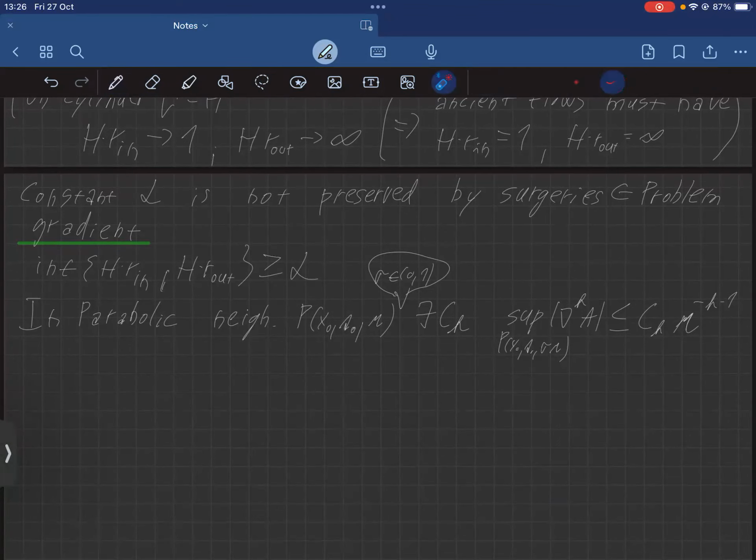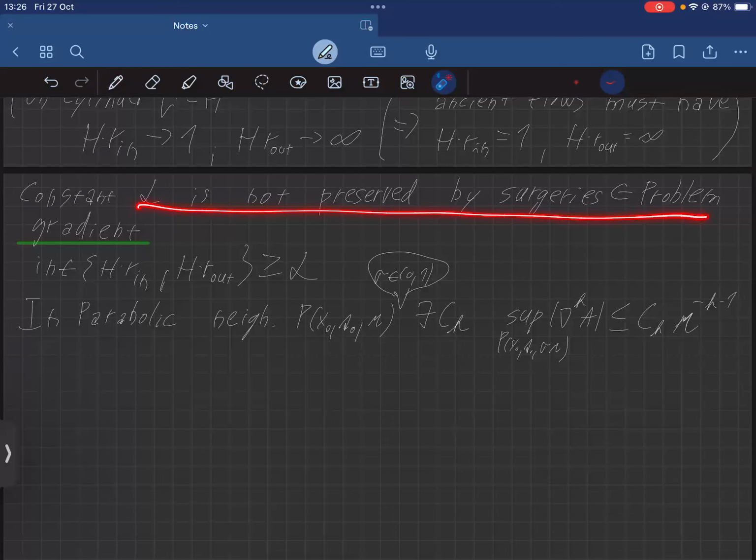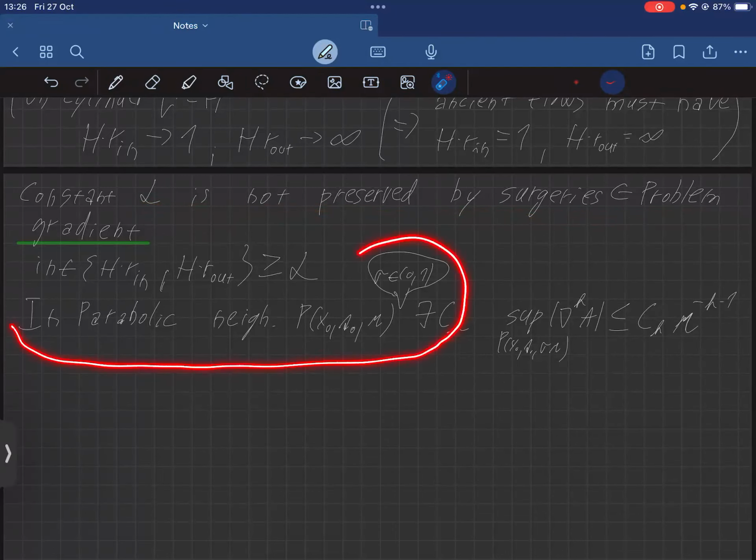And again, we have a similar problem. We are relying on alpha non-collapsedness from the inside and from the outside, which, as I mentioned before, is not preserved. And furthermore, we are requiring that the flow exists in some parabolic neighborhood, which is again a problem because right after the surgery, we don't have the history of our flow, and thus we cannot use this estimate.